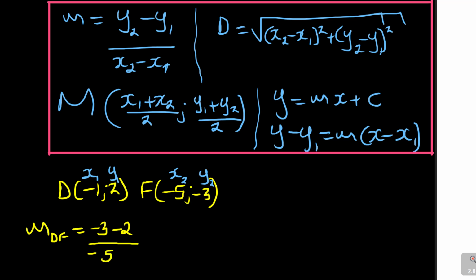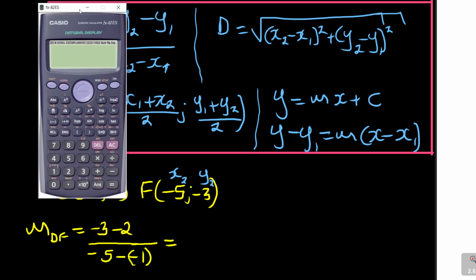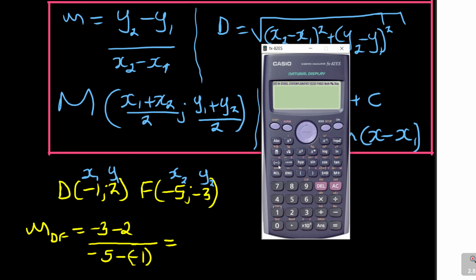That's where most of you will make an error. It's x2 minus x1. It's minus 5, and then there is the minus of the formula, and again there is a minus 1. You see, then you put brackets there. That's where it becomes a little bit complicated. It is those two negatives. Once you master those, then you're good to go. Your calculator will come in handy. Negative 3 minus 2 over negative 5 minus bracket negative 1.